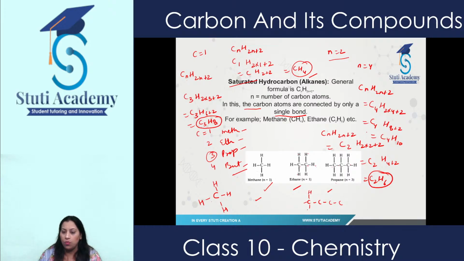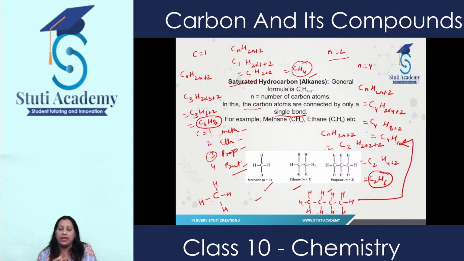Just link hydrogens with each carbon, so that here you can see 1, 2, 3, 4 carbon, and 1, 2, 3, 4, 5, 6, 7, 8, 9, 10 hydrogen. This is the structural formula of butane. Now, I think it's easy for you.